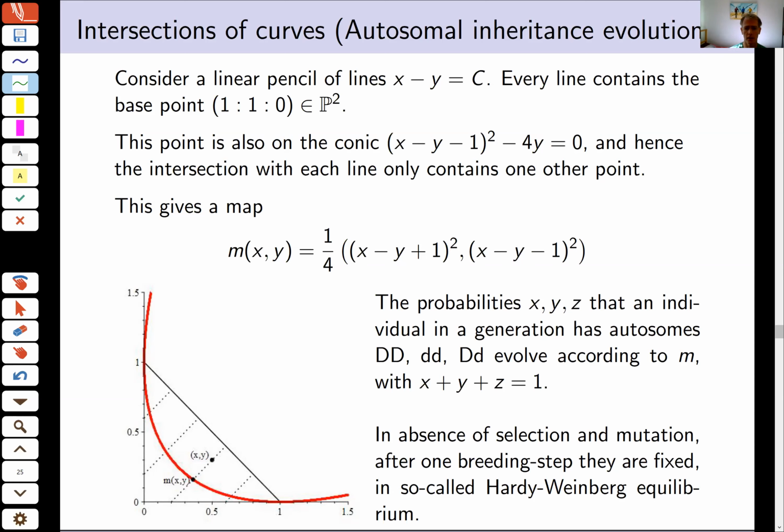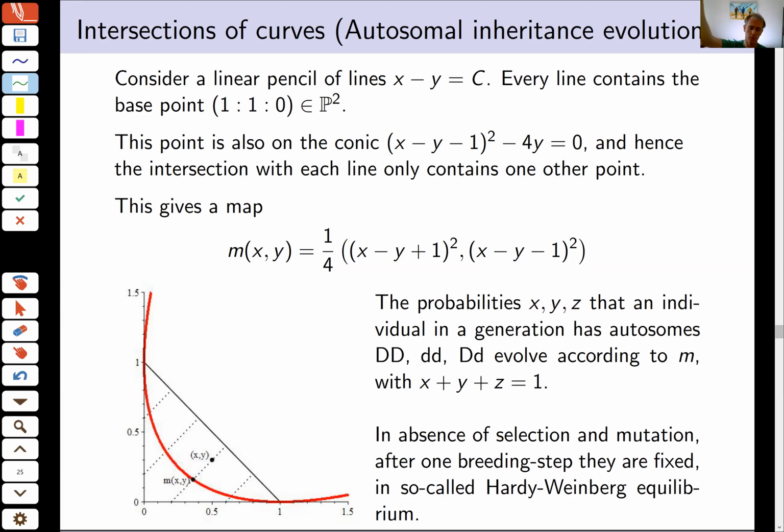That's where they intersect. And then here is another curve, a conic curve. And that conic curve has the same point at infinity. So each line of the pencil will intersect this curve at the point at infinity. And then we know that a line and the conic should intersect in 2 points.